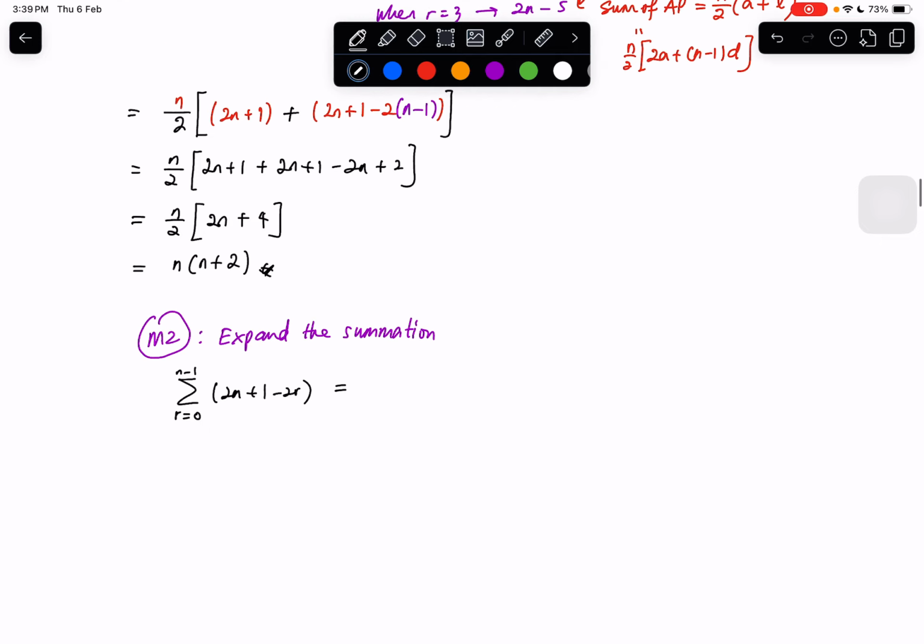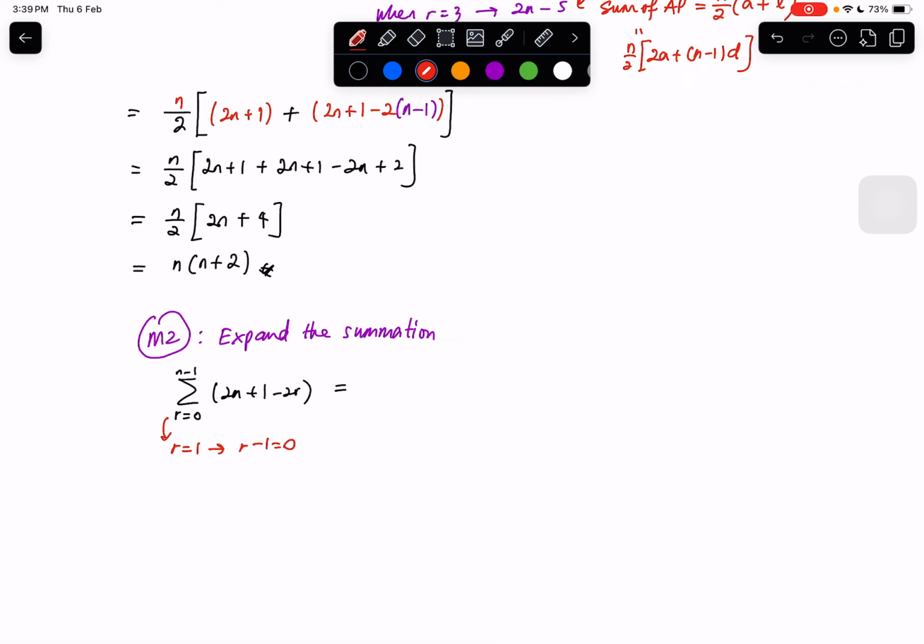So what we need to do now is expand the summation like this. When we want to sum things, we need to sum from 1 to something. It will be easier if we can start with 1. So we need to change the limits, because if we want to start with 1, then r minus 1 will be equal to 0.